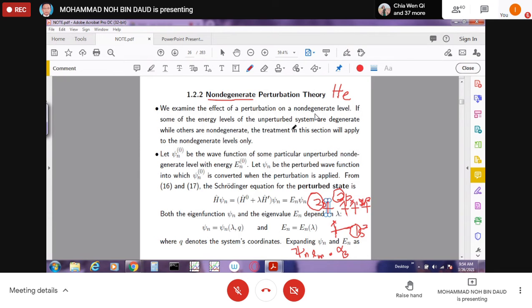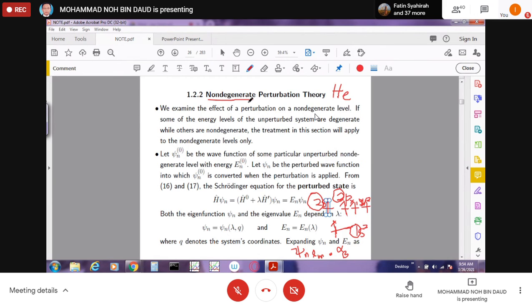So we need the degenerate perturbation theory, because of the fourfold degeneracy we have when we promote this electron into these four degenerate states.